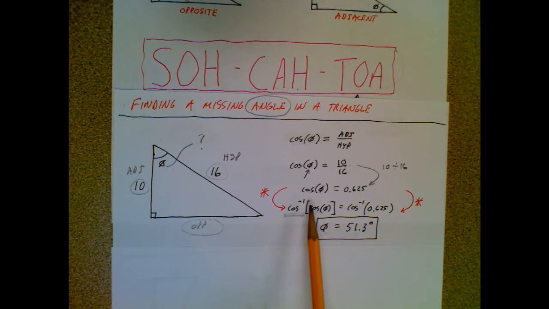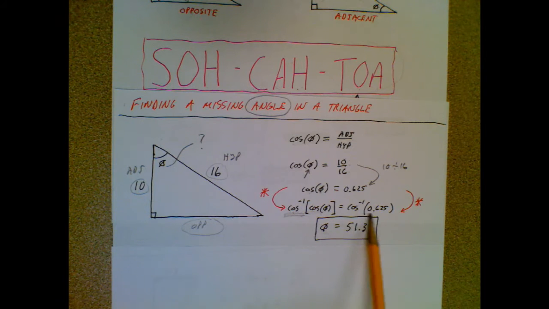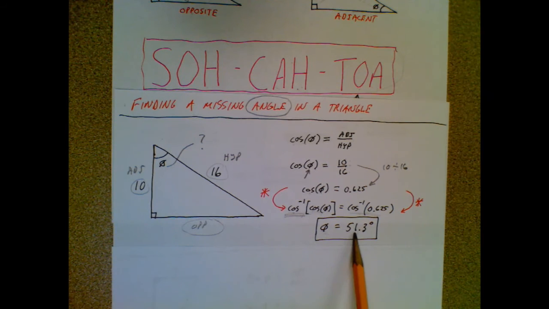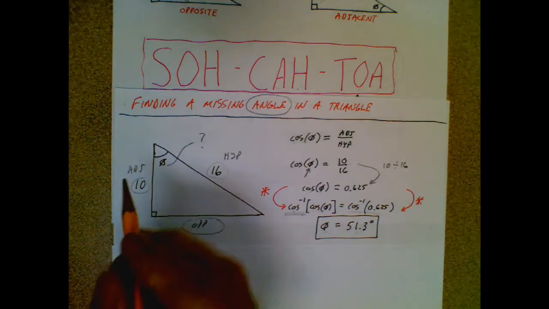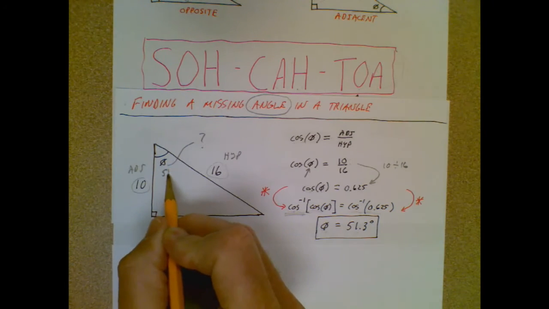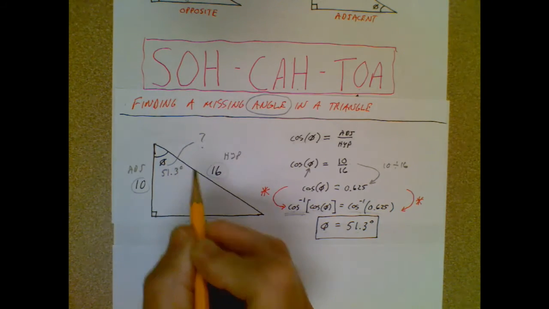So realize that basically this new move for you is I need to get rid of cosine to get theta by itself. The enemy of cosine is inverse cosine. If I do something to the left side, I must also do it to the right side. So that's why that's over there. And this awkward thing turns into a value that's 51.3 degrees. So I now know that angle is 51.3 degrees.